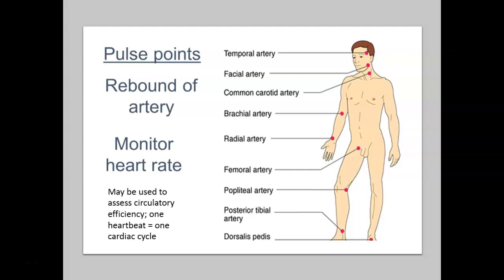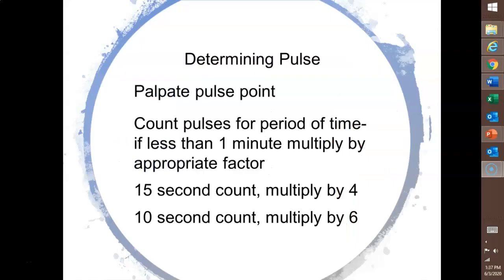Depending on what's going on with the patient, if you're assessing blood flow to a particular area, you may access an additional pulse point. So how do you determine heart rate from pulse? Well, you simply count. You count the pulses flowing through that artery for a period of time.